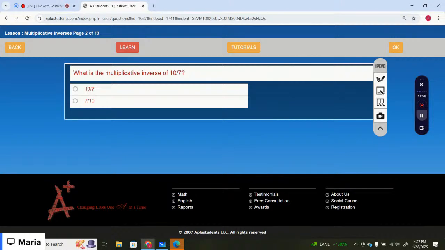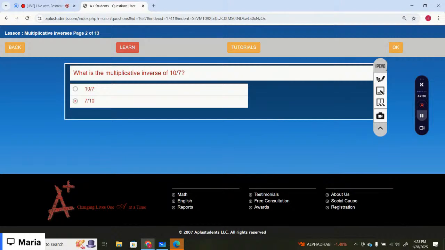What is the multiplicative inverse of 10 by 7? That is 7 over 10.